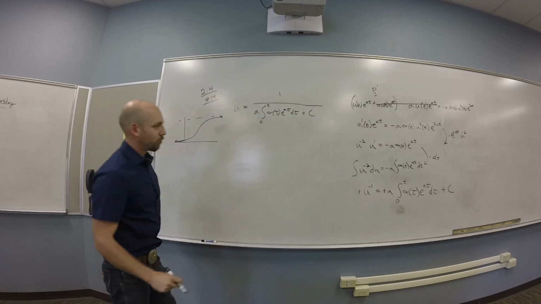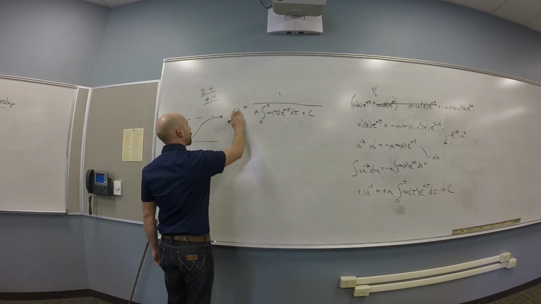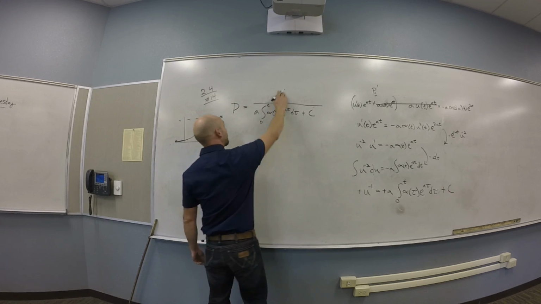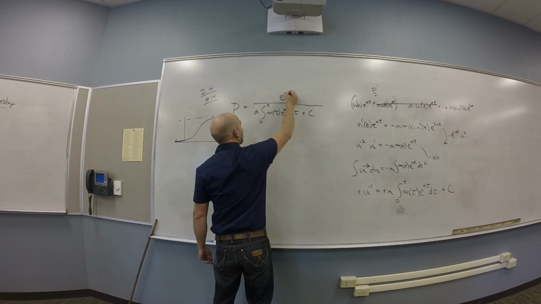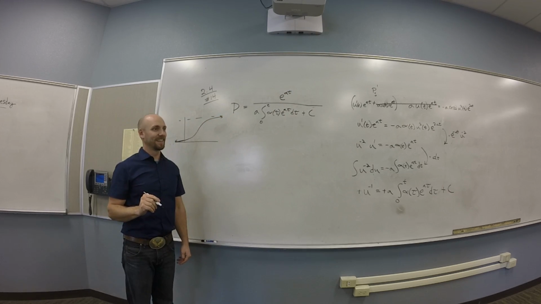Yeah, what was the relationship between p and u? So if I wanted to do this, e to the at? Yeah, there was an e to the at. Bam. Just like that.